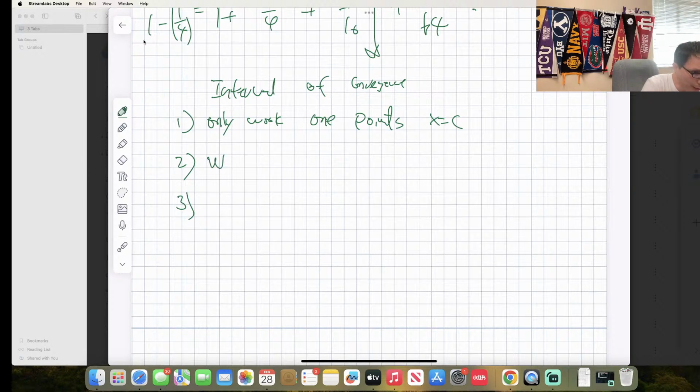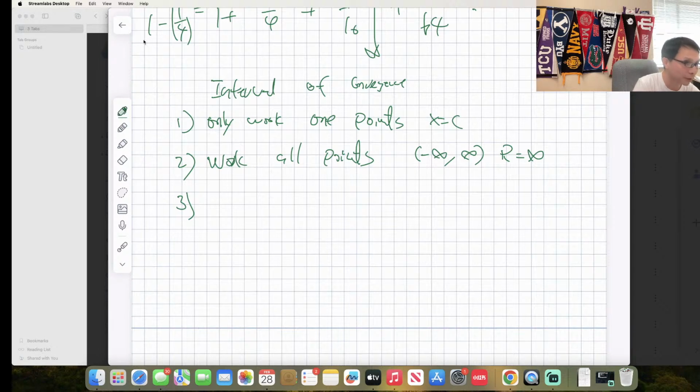The second one is probably the best because it works at all points. Because from -infinity to infinity, the radius is infinity. Even half of infinity, from 0 to infinity, is still infinity, so the radius is infinity. In the first case, the radius is equal to 0 because there's no radius of convergence, only 1 point works.